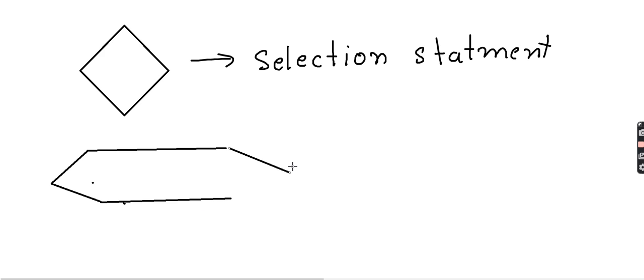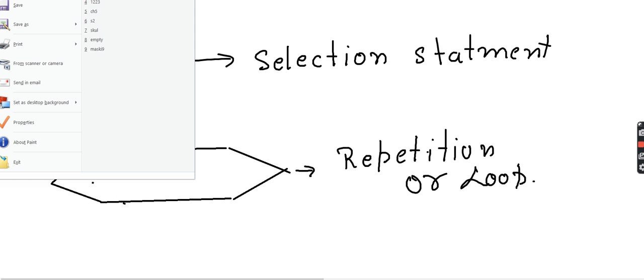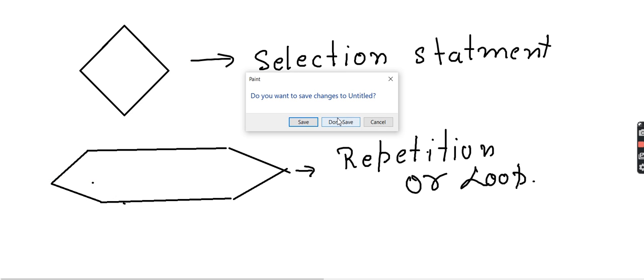You can learn this concept while learning looping statements. It indicates the iterative statements like for, while or do while loops. So these are the symbols we use for a flow chart.